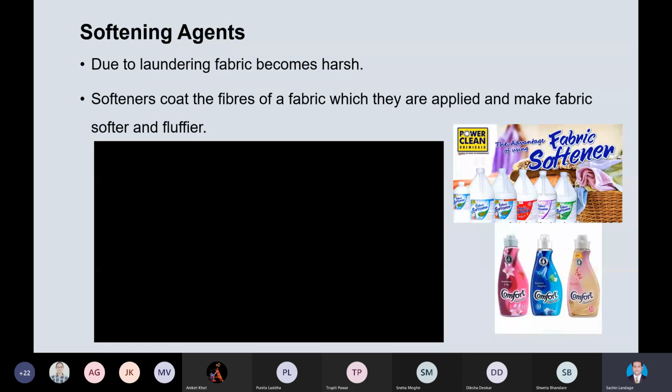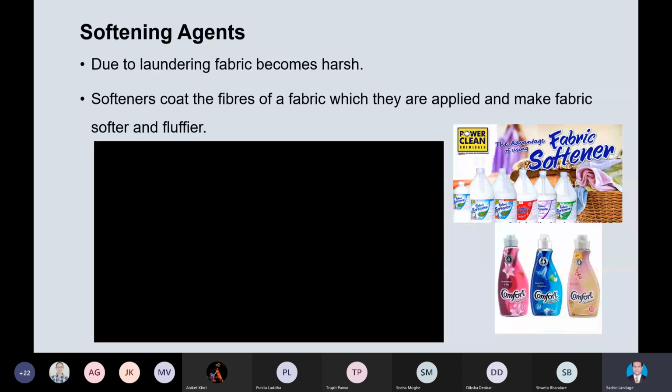After laundering is over, sometimes our fabric becomes harsh in nature. That's why, to have a good feel in a garment and good drapability in a fabric, we use softeners. So that also must be there.